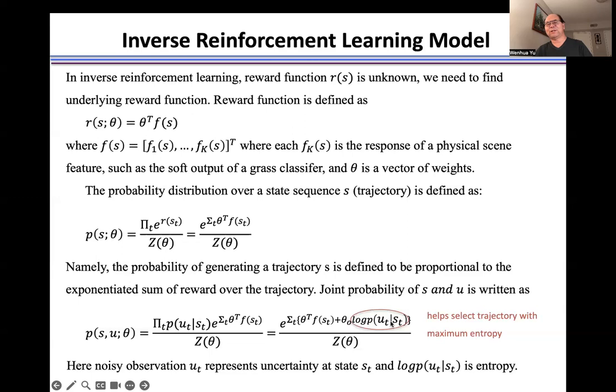Because from the formulation, this is like entropy. That means we use the entropy to reduce the uncertainty on the reward, that means on the measurement state U.